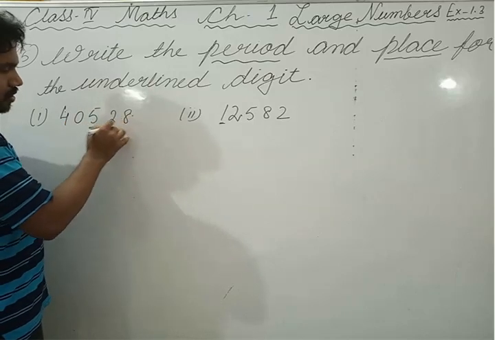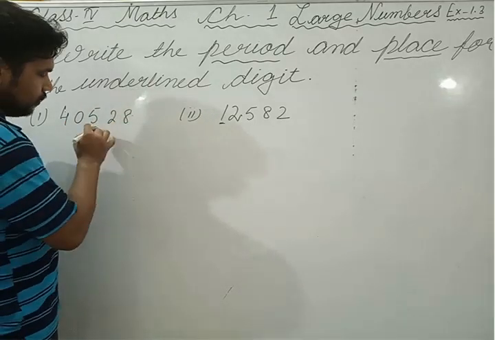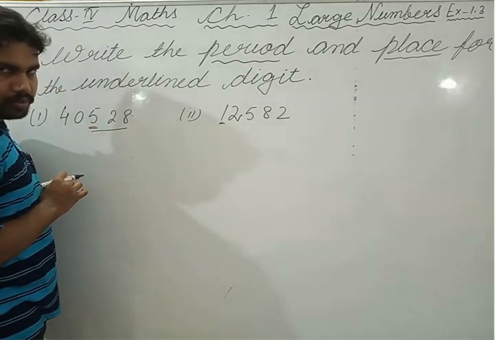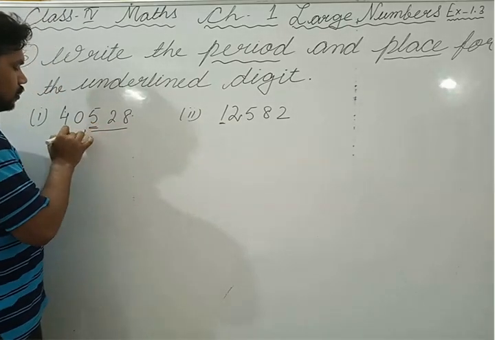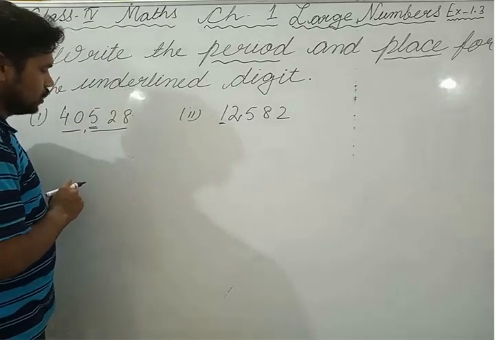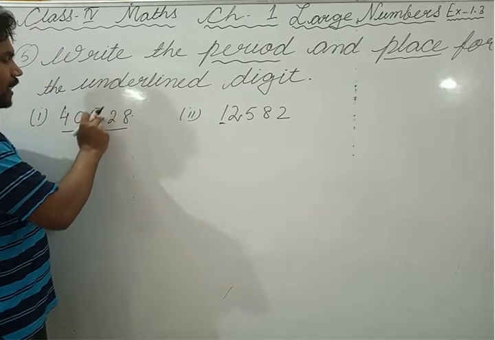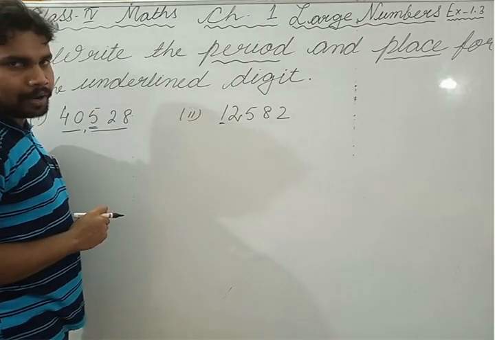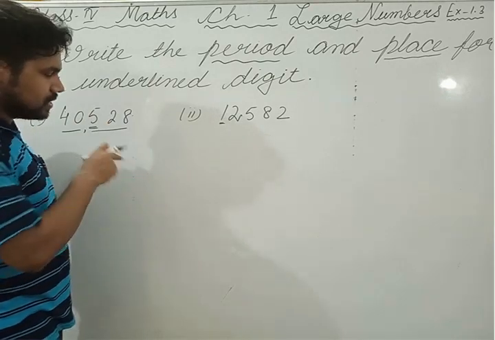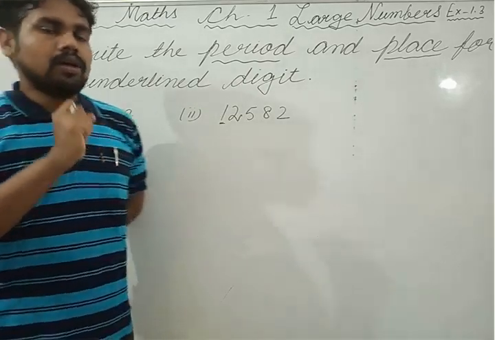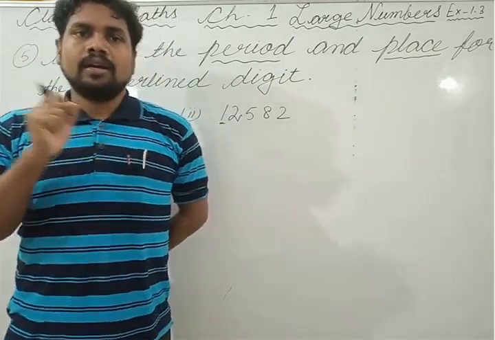To separate into periods, the first 3 digits, ones, tens and hundreds, are in the first period, the ones period. Then thousands and ten thousands are in the thousands period. If it is talking about 5, then 5 is in the ones period, but the place is different. The place is hundreds. Try to understand the difference between period and place.